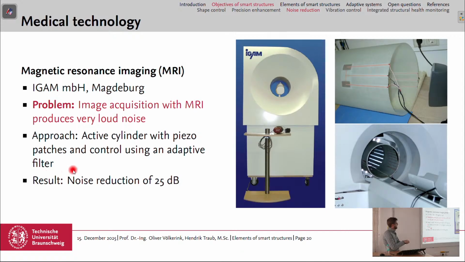And the idea was to have an active cylinder, also with piezo patches, and then control and adaptive filtering, which was then placed here. And with this the noise could be reduced by 25 decibels to increase the comfort of the patient and so that he won't move during imaging.